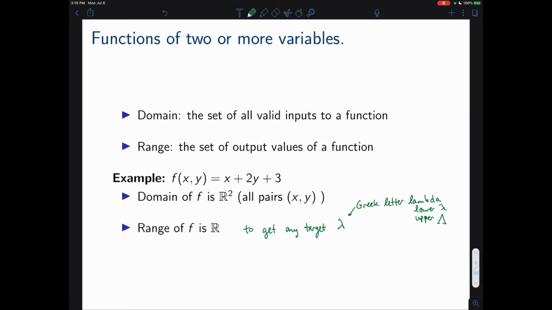So you can set any target you want, and I need to fill in an x and a y that will hit that lambda, and I can do it.